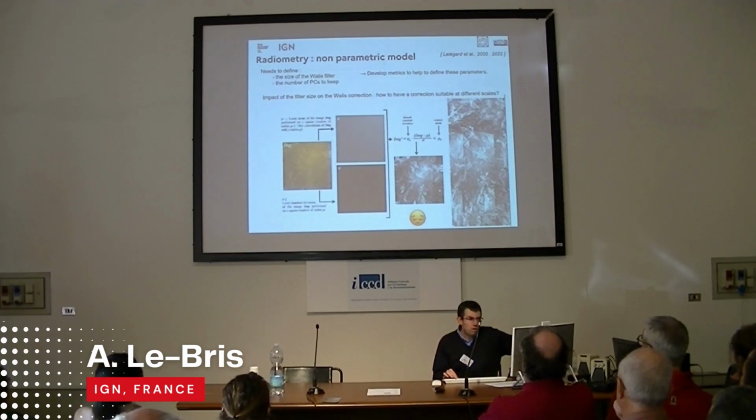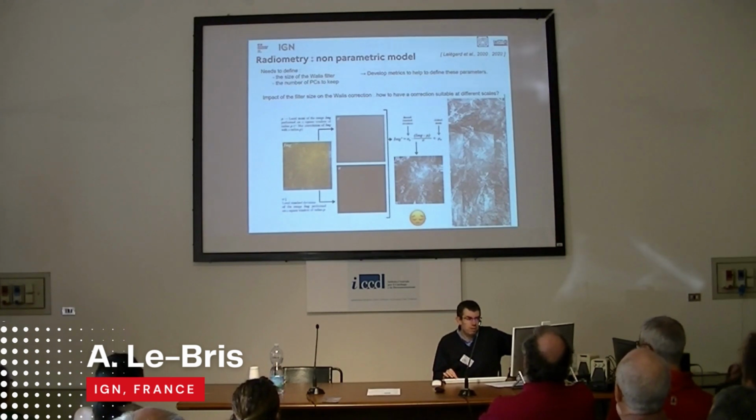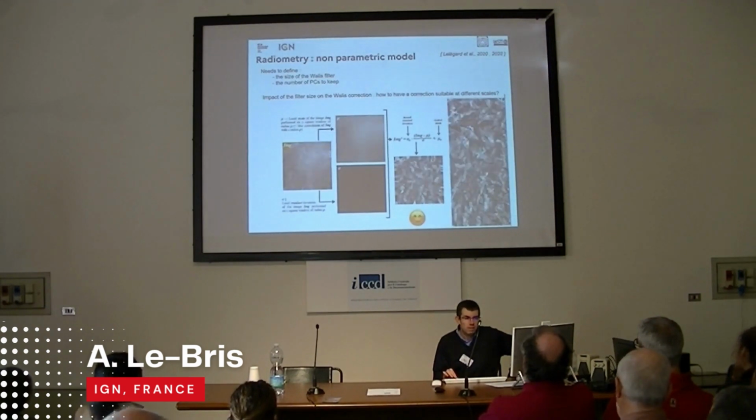However, we still have to study the impact of the different parameters of the method, that is to say, the size of the Wallis filter and the number of principal components to be kept to derive the low resolution correction grid. So here to illustrate this, we have the impact of the filter size of the Wallis correction.